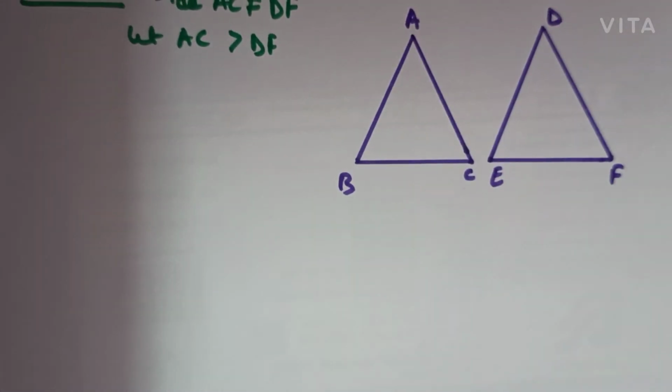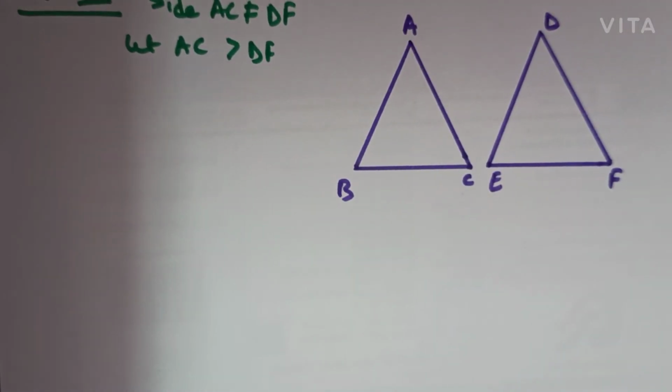Now the third case is that if AC is not equal to DF, then either AC is less than DF, that we have seen in the second case, or AC is greater than DF. This is the third case. If AC is greater than DF, then what will happen?